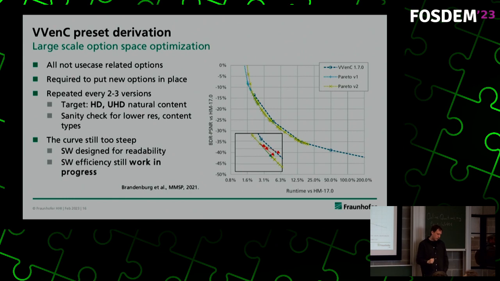And the one issue that we still have is, at the beginning here, you can see that our curve gets a little bit steeper, right? So we cannot go too fast because at some point, for every 2 times speed up, we're just losing too much efficiency. This is because we started from the reference software, which was designed for readability, and the efficiency is still work in progress.